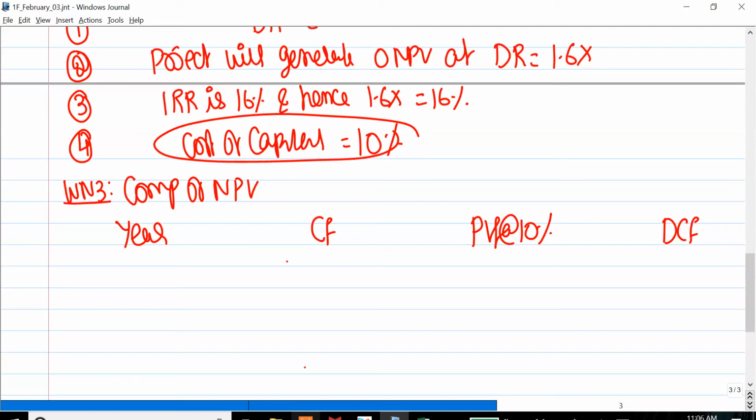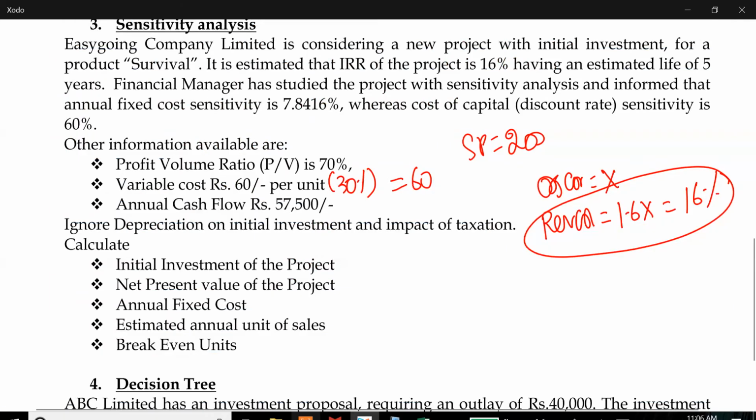What was the outflow we had calculated? 188.